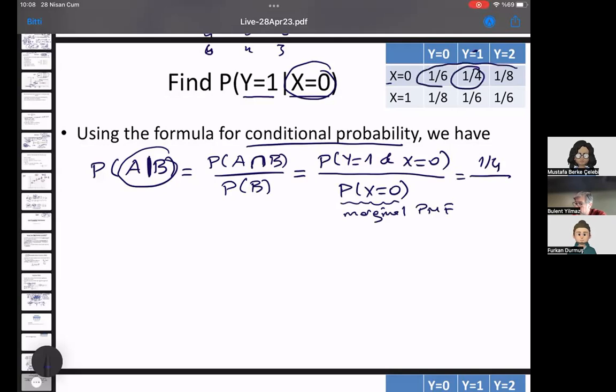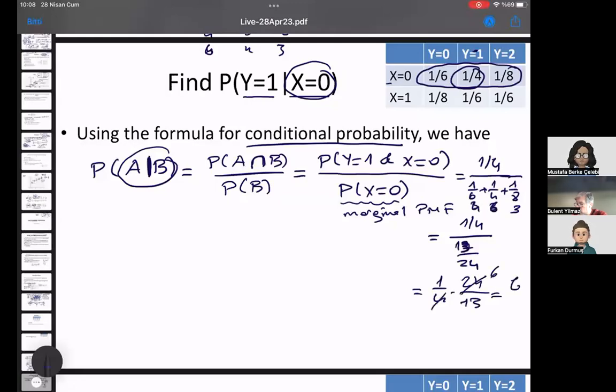The whole thing. 1 over 6 plus 1 over 4 plus 1 over 8. So 1 over 4 divided by 13 over 24. It will be 1 over 4 times 24 over 13. It is 6 over 13.